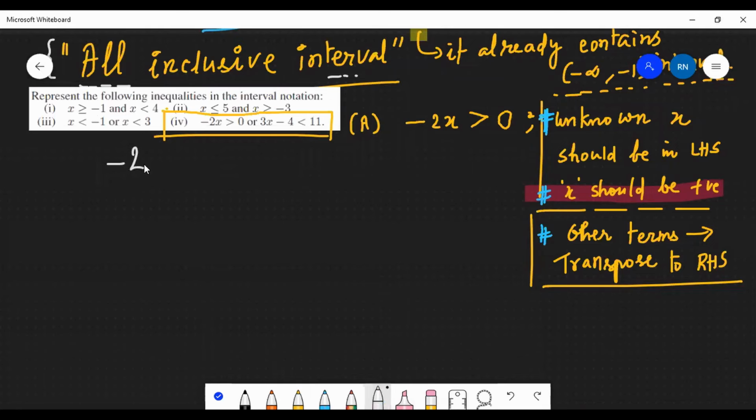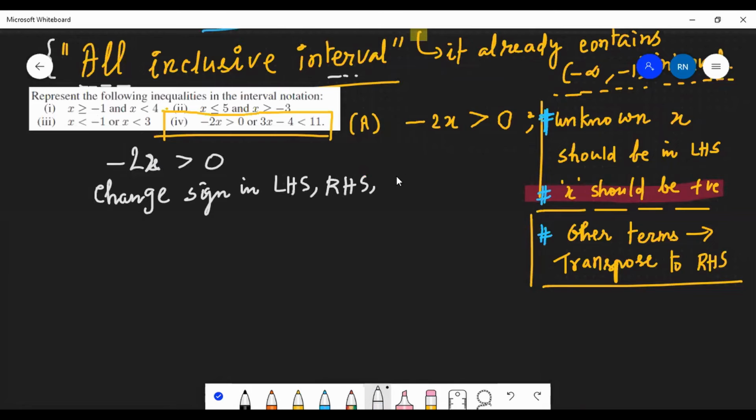So minus 2x greater than 0, I have to change the sign. Change sign on the LHS and RHS. When you change the sign, the inequality also changes.